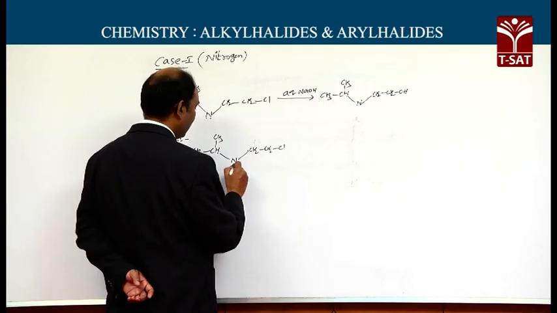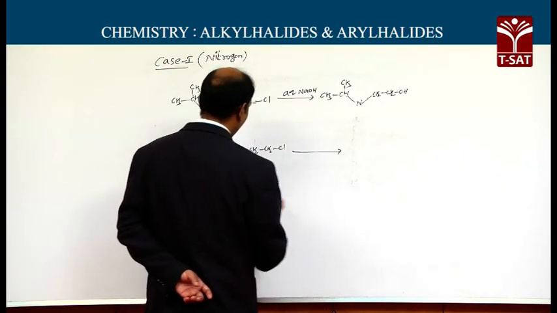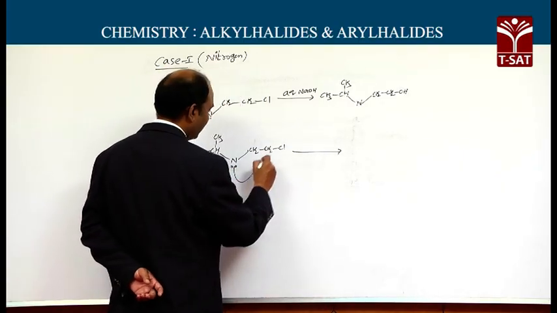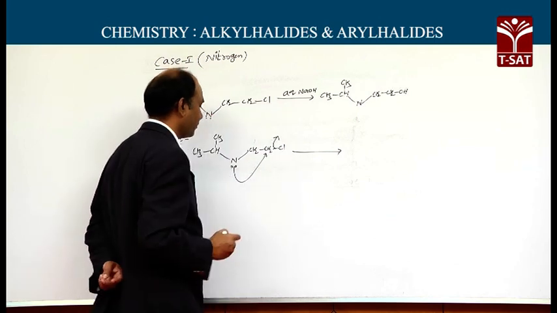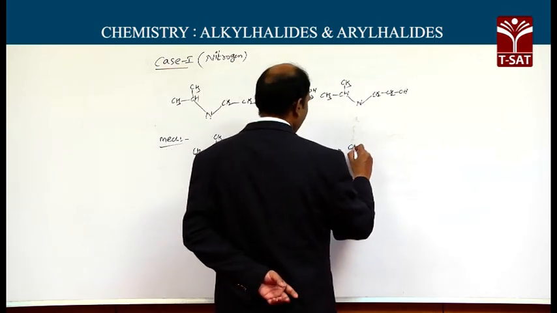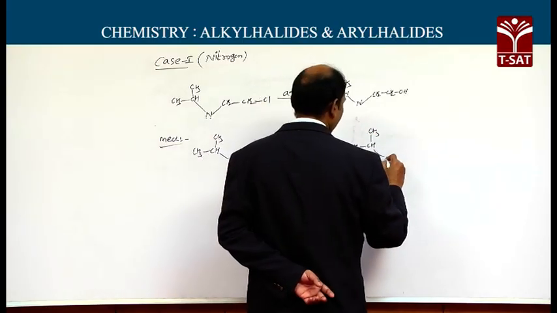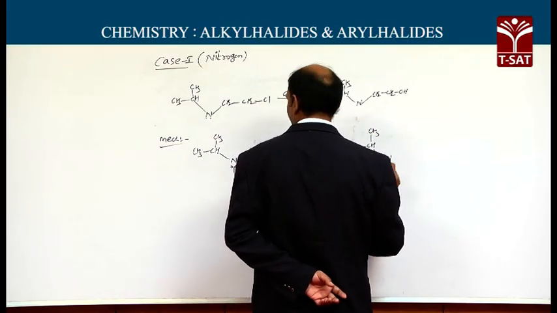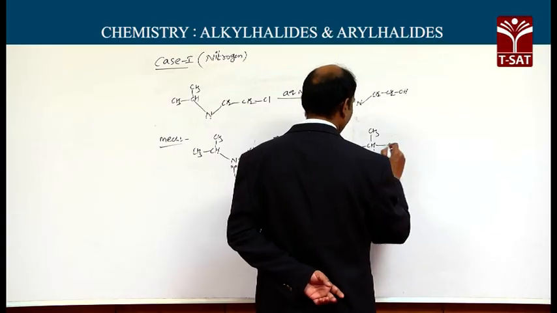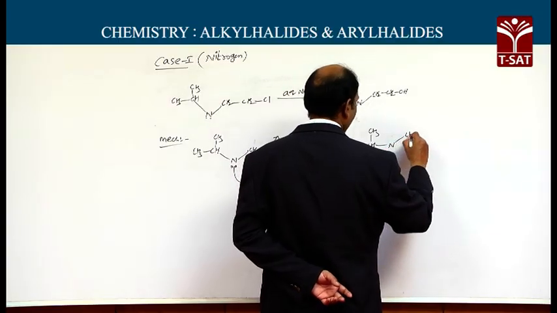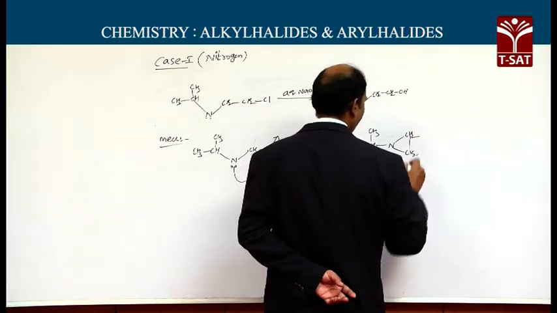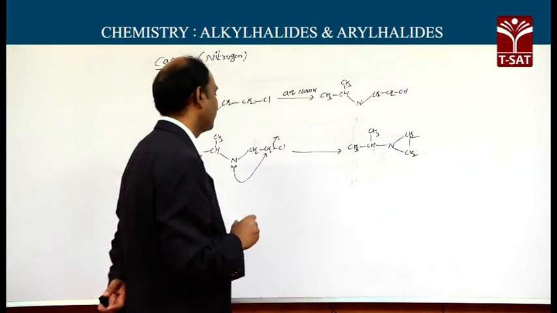Nitrogen has a lone pair, this lone pair attacks from this side and loss of Cl minus takes place. This is CH3, this is CH3, here it is N, and next one it is CH2, this one is formed.